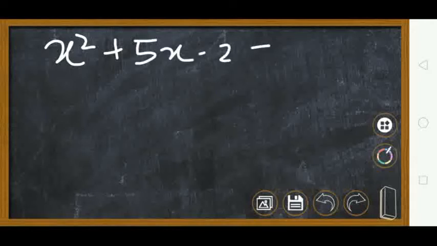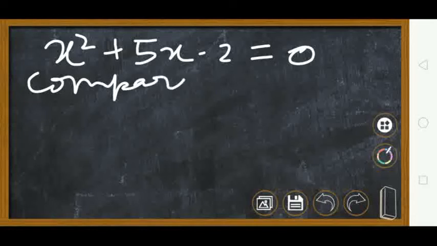I will show you. Suppose the first one you get it in this form, x square plus 5x minus 2 equal to 0. This is our question. Simply write comparing. This is already in the proper form, so no arrangement to be done.